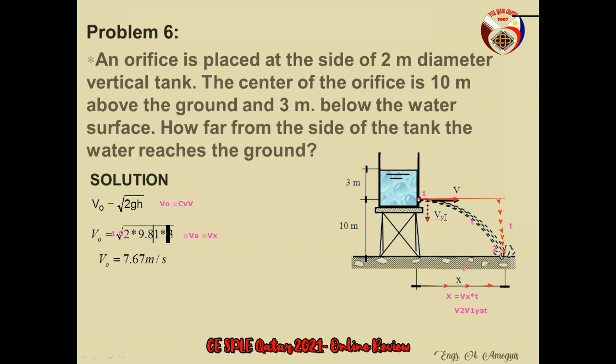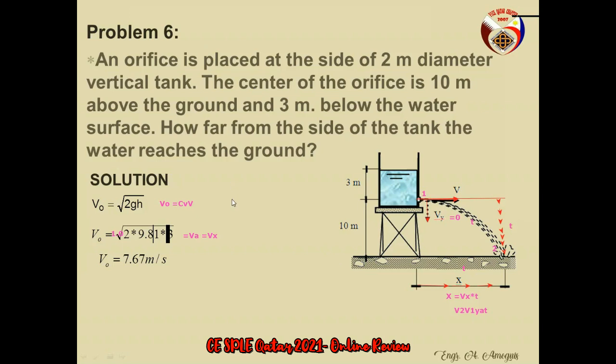Do you agree? Kasi yung V1x ko equals to VO. Nasa horizontal direction initial. So ngayon, yung V1y ko given, yung time ko is kailangan ko ngayon. Meron akong y distance, 10 meters, meron akong gravity, then therefore, I can solve time t.